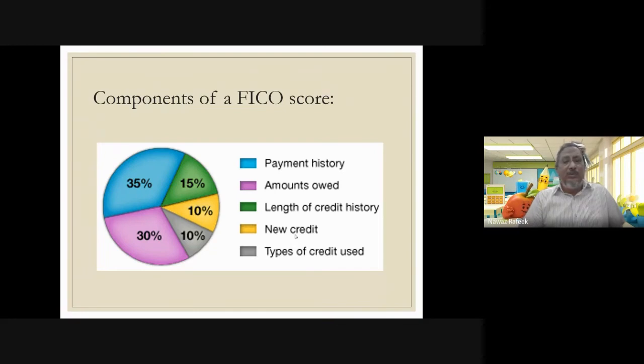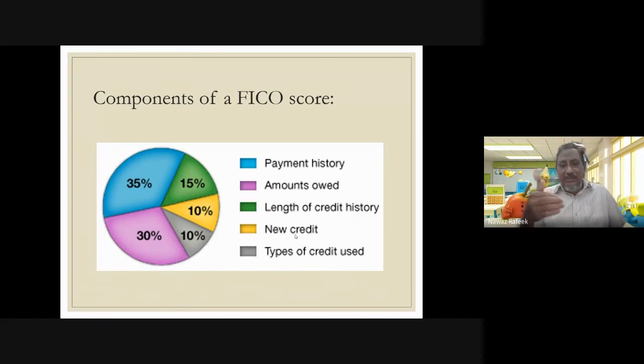They score payment history, amounts owed, that is the amount borrowed and the percent outstanding, length of credit history, how long the customer has borrowed, the new credit, and types of credit used. What are the types of facilities used?